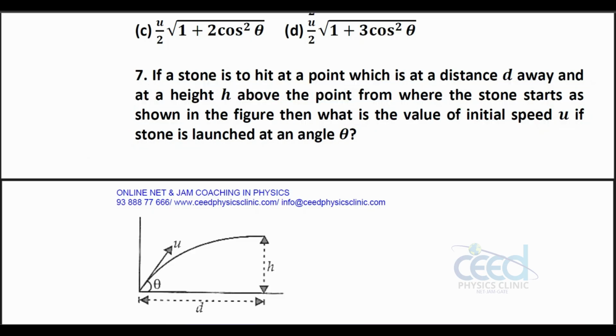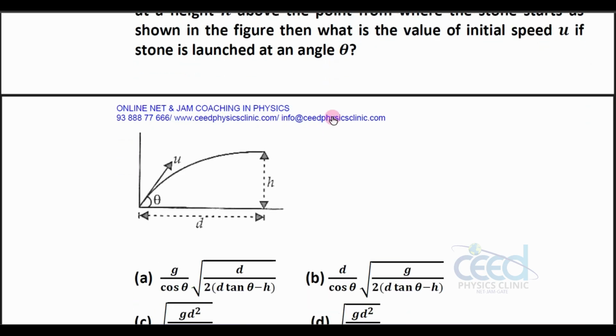See here they have given one stone that is starting from here, it just clears a height h. Just means suppose you have a wall, it is just hitting that wall, right? Then that time x coordinate is d, they have given, and starting velocity say u. What is that u? That only is being asked.